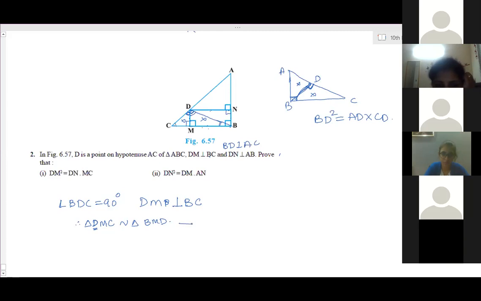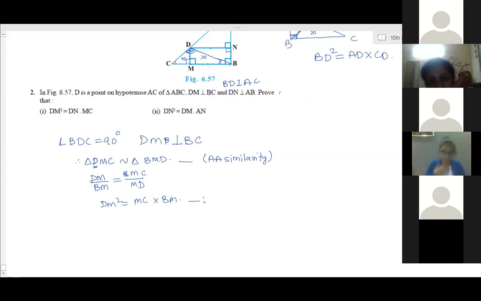So triangle DMC is similar to BMD by AA similarity. And then take the ratio. DM by BM is equal to CM by MD. MD into DM is DM square is equal to MC into BM.